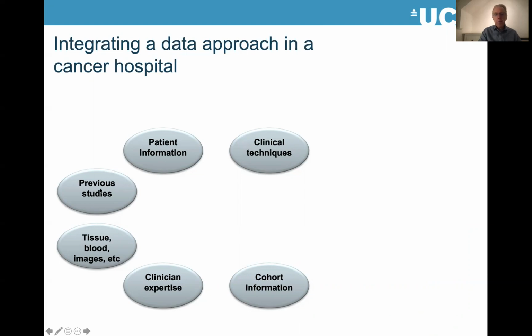We have information from other trials and from the literature about previous studies. And we collect tissue, blood, images, pathology for each individual patient. Combine that with expertise of the clinician and their experience in treating this type of cancer and these types of patients, and also what we know about this particular cohort.